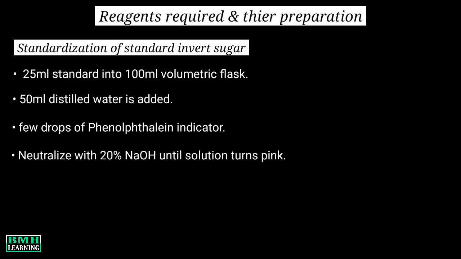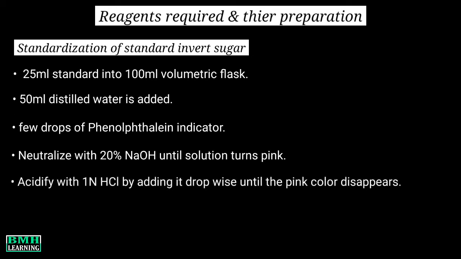Neutralize the solution with 20% sodium hydroxide until solution turns pink in color. After this, acidify it with 1 normal HCl by adding it dropwise until the pink color disappears. Make up to 100 ml by adding distilled water. The concentration of invert sugar we are getting here is 2.5 mg per ml.